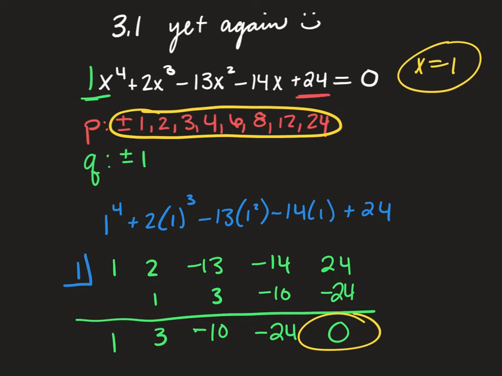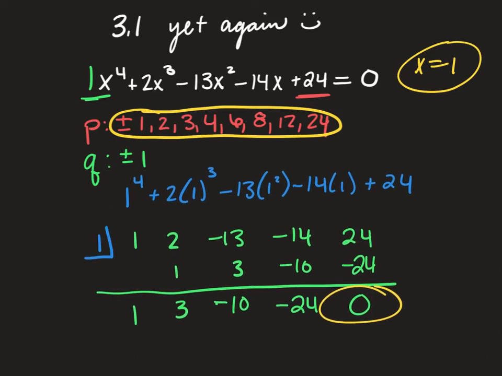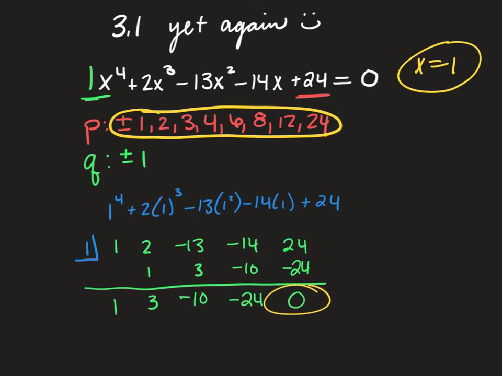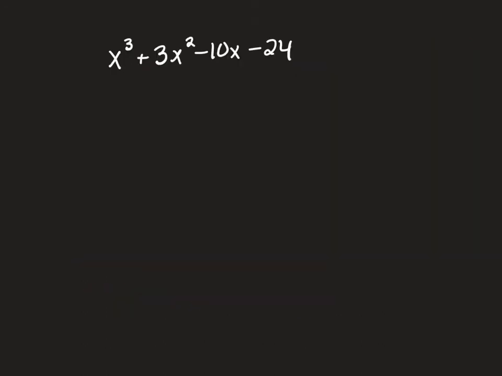So now we basically have to keep going until we get down to something smaller. All right, I'm going to go to the next slide. All I've done is take my coefficients from my synthetic division and bring them into this polynomial, which again, technically you have to find the factors of again, right?